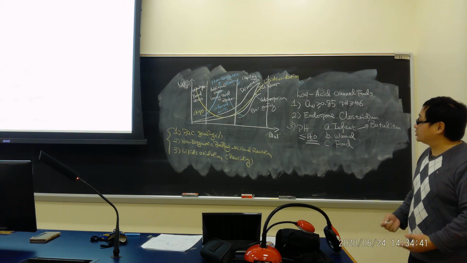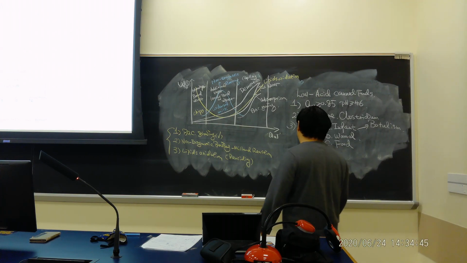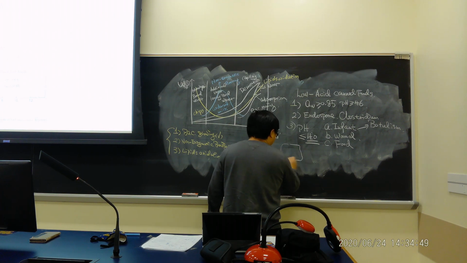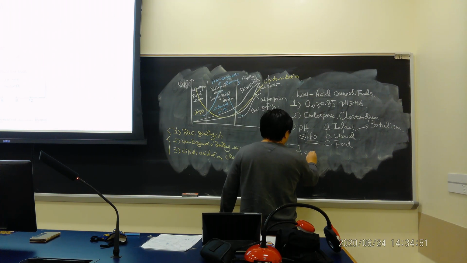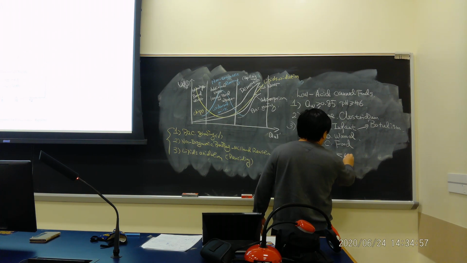Now in the industry, how do we do it? We make sure you add citric acid to lower the pH to 4.6.